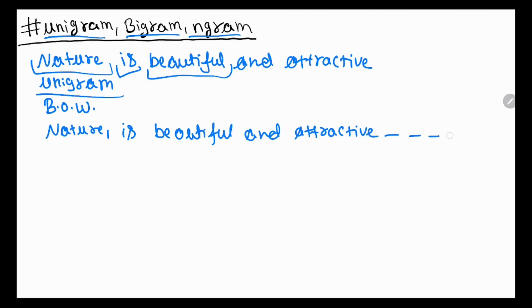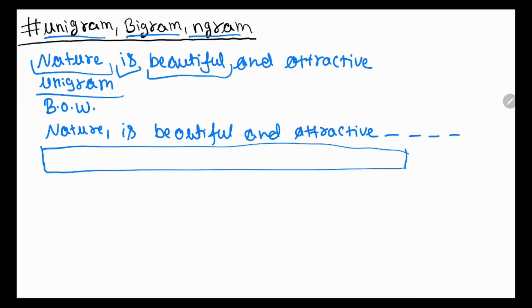Then there will be other features from other sentences of the data. Here we will have a bag of words like this: 1 1 1 0. So this is the unigram. Here we are having every single word as a feature.